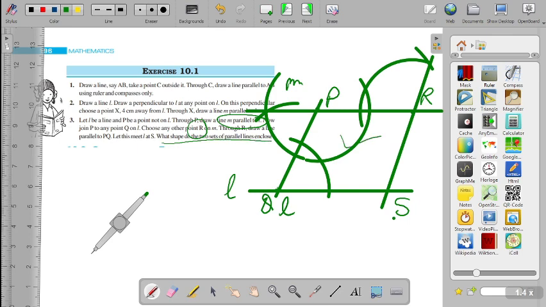Name of this shape. So PRSQ. This is a parallelogram. PRSQ is a parallelogram. Okay. So this is all about question number 3.